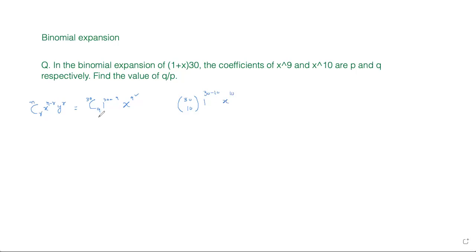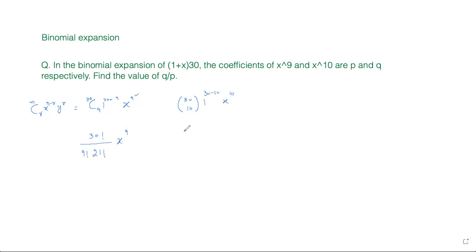Now here we can see that 1 power anything is 1, and this combination can be written as 30 factorial divided by 9 factorial and 30 minus 9 factorial. So 30 minus 9 factorial is 21 factorial, isn't it? So then x power 9.